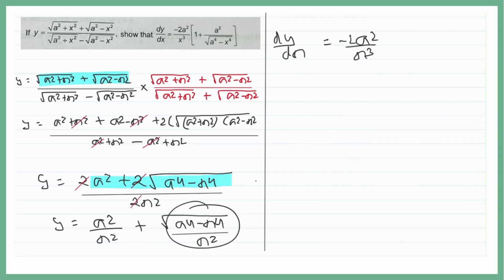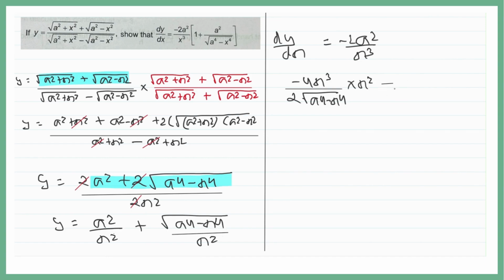And for this part, we'll be applying the quotient rule. The numerator derivative is the derivative of a root, so I write 1/(2 root of (a⁴ − x⁴)), and by chain rule, it is minus 4x³. That is multiplied by the denominator, x². We give a minus sign here.